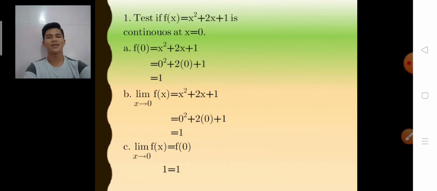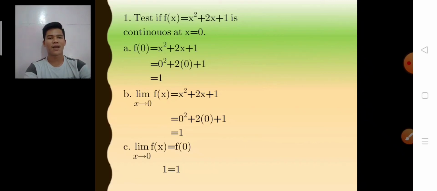Let's proceed to our continuity test. We test if f of x equals x squared plus 2x plus 1 is continuous at 0. In our first condition, f of c must be defined.